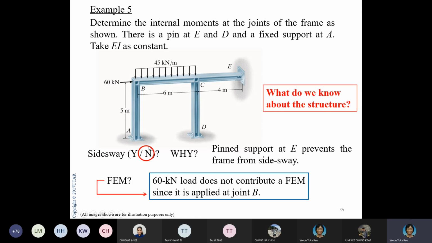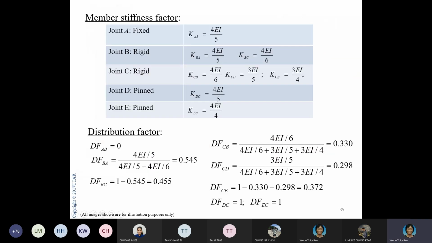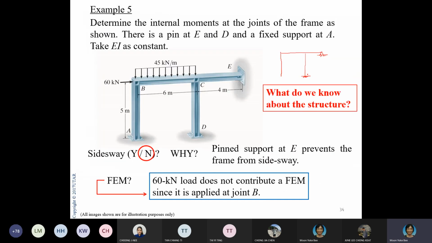Okay, so if I were to draw just a simple line diagram or a schematic diagram, I can actually draw something like this. Pin, pin, and this is fixed.